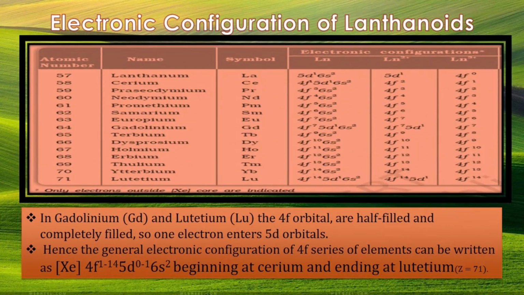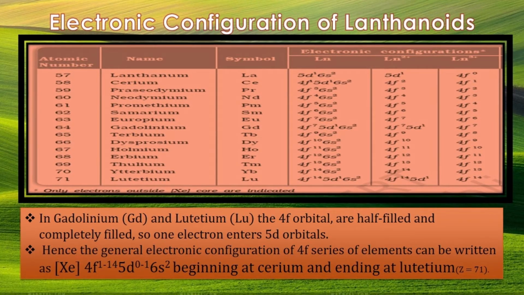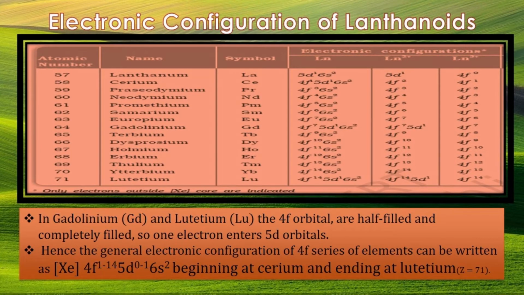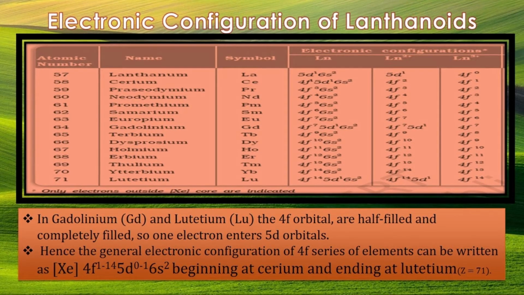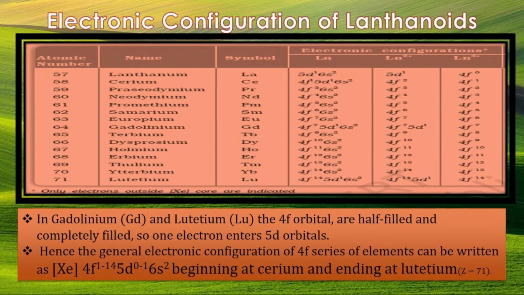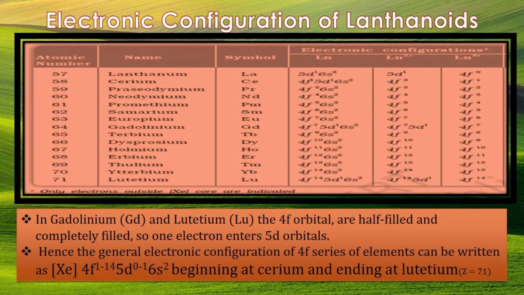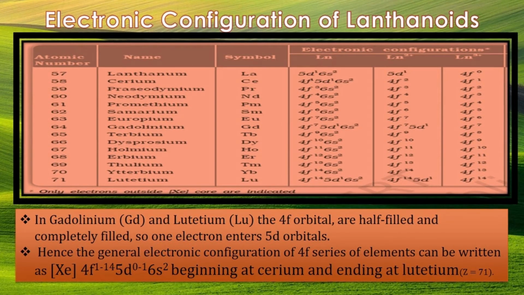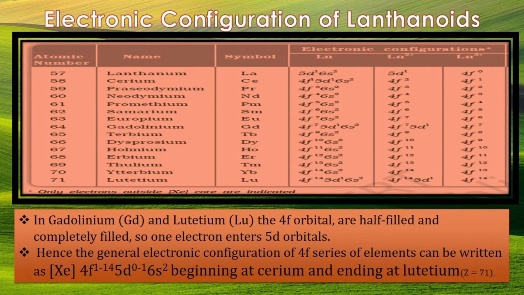Now let's discuss the electronic configuration of lanthanoids. We know that the electrons are filled in different orbitals in the order of their increasing energy in accordance with the Aufbau principle. As per this rule, after filling 5s, 5p and 6s orbitals, the 4f orbital will be filled up.